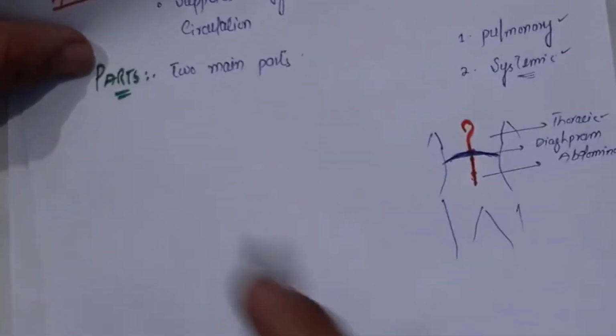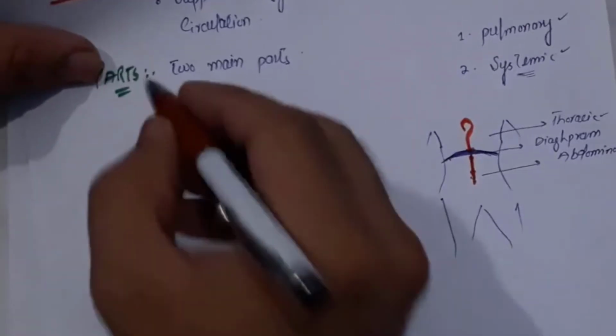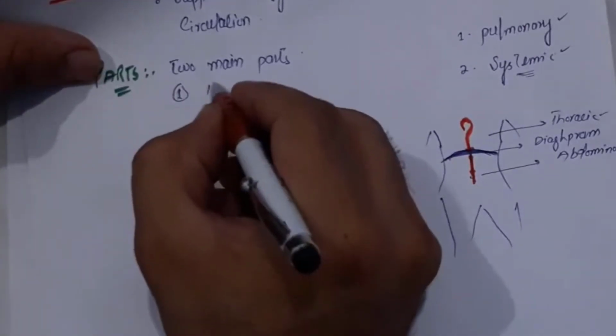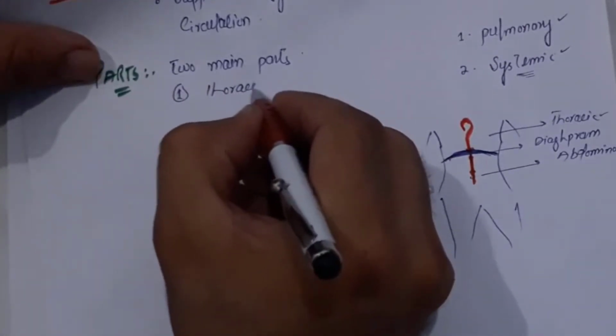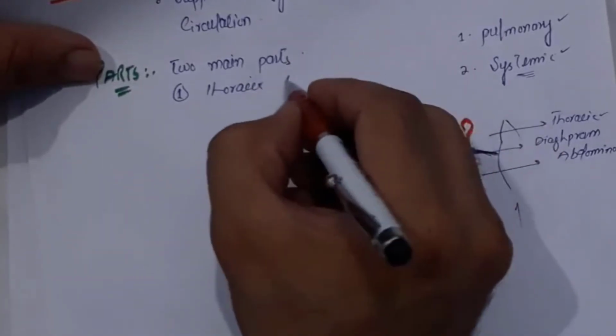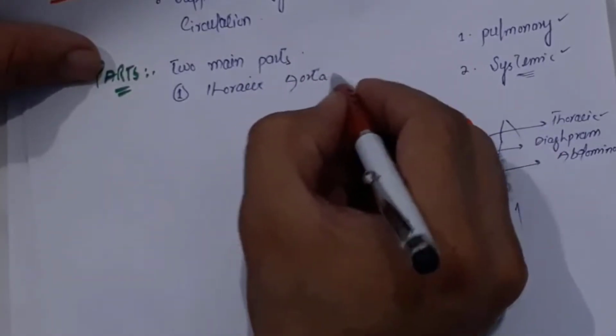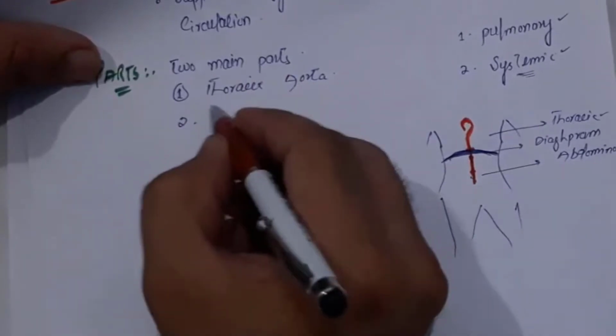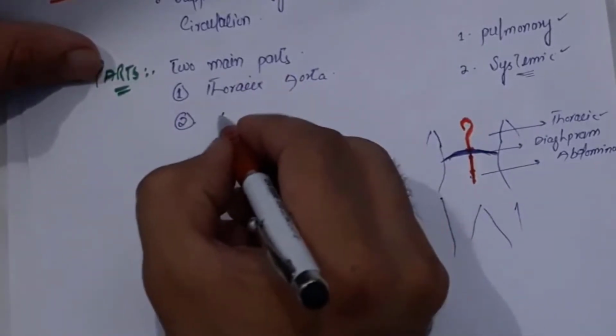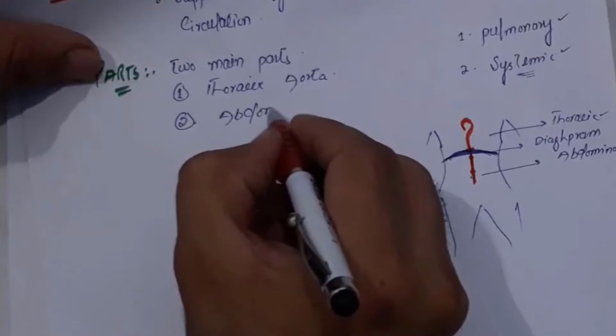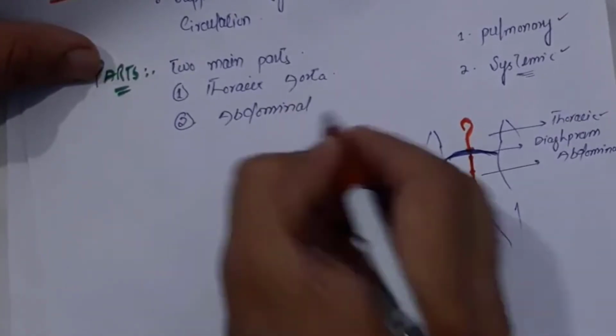So generally the aorta is divided into two parts. The first one is the thoracic aorta, and the second one is the abdominal aorta.